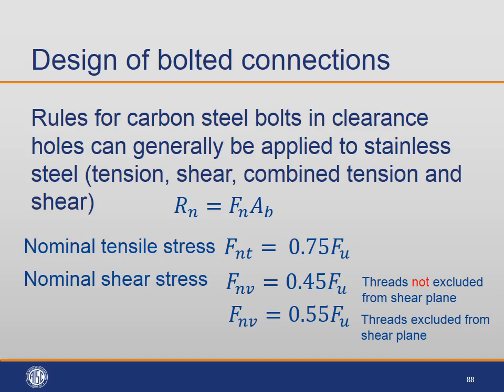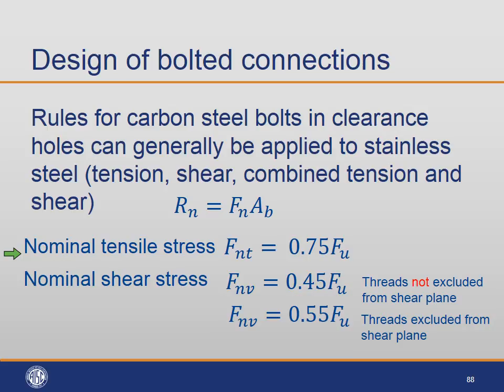So what are the design rules? Well, the rules for carbon steel bolts in clearance holes generally can be safely applied to stainless steel. So these are talking about the bearing type of connections. So you have Rn, which is your nominal tension or shear strength. And these are expressions that you will have seen in your table, I think J3.2 in AISC 360.